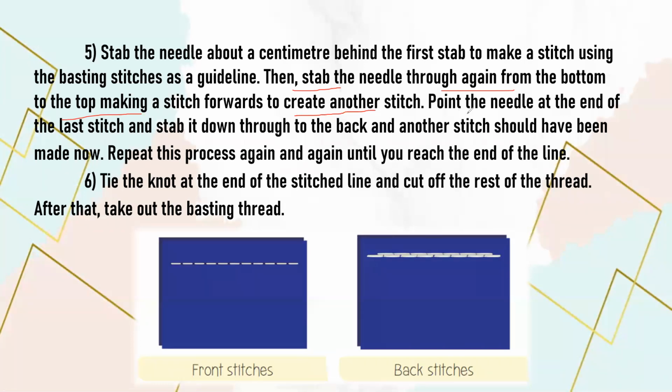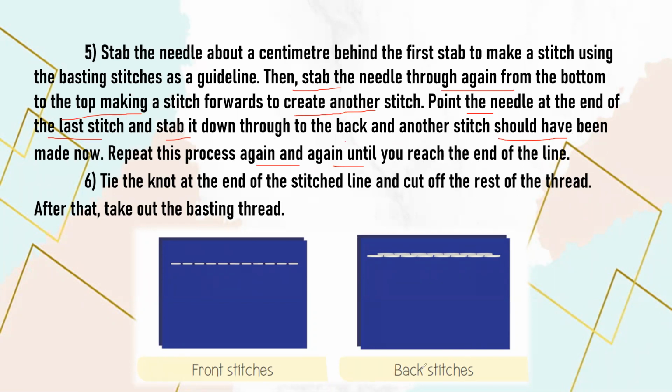Point the needle at the end of the last stitch and stab it down through to the back for another stitch. Another stitch should have been made now. Repeat this process again and again until you reach the end of the line.